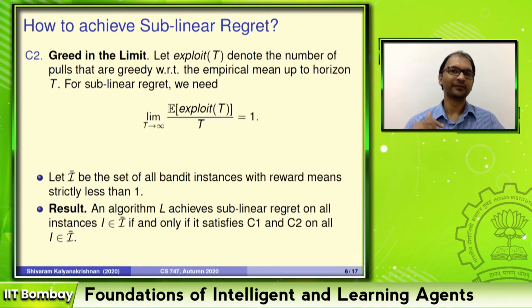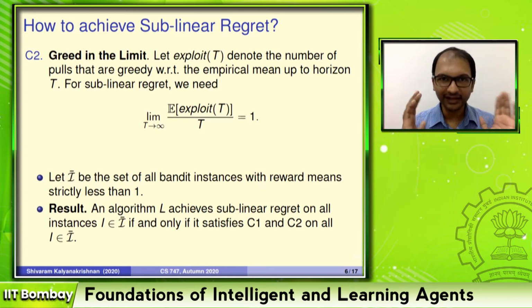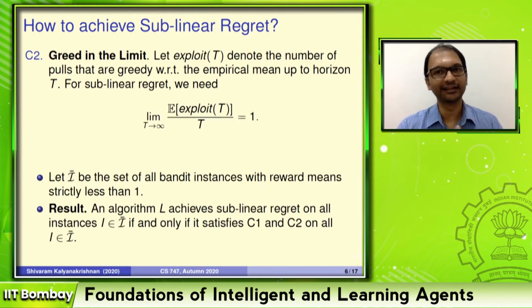What does this mean? If you want to get sublinear regret on every bandit instance, then you need to do an infinite amount of exploration and be greedy in the limit on every bandit instance. The other way around, if you satisfy these two conditions on every bandit instance, then you will get sublinear regret on every bandit instance.